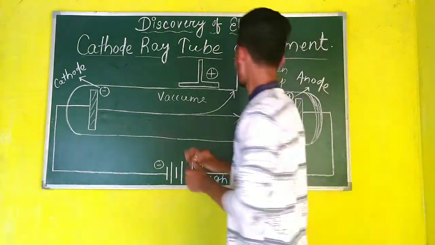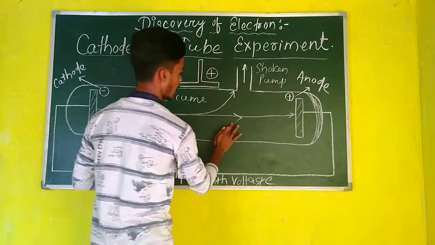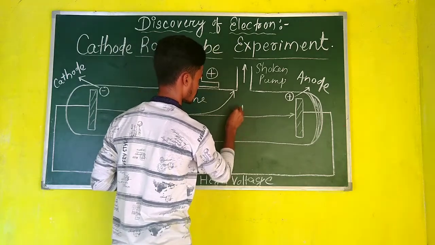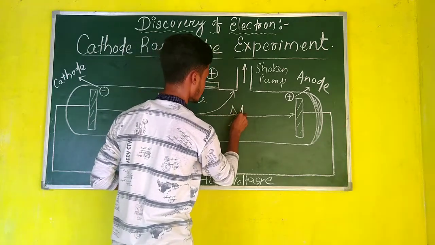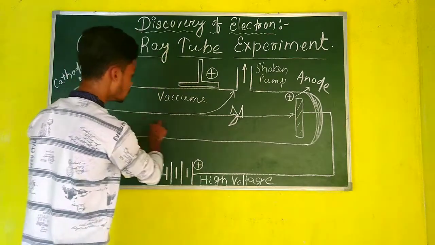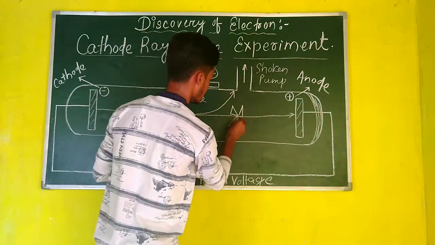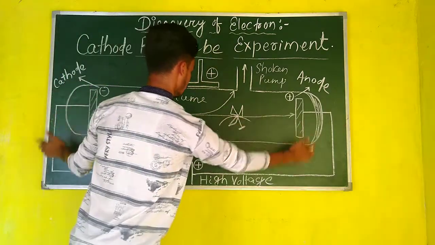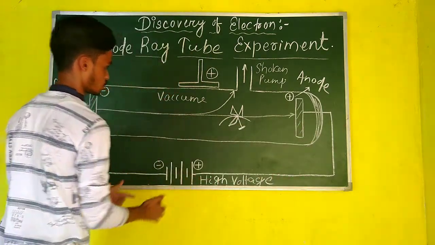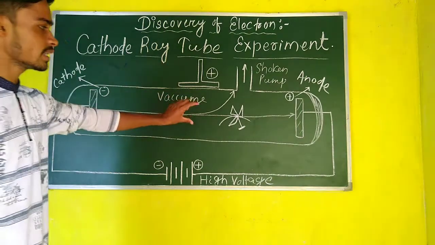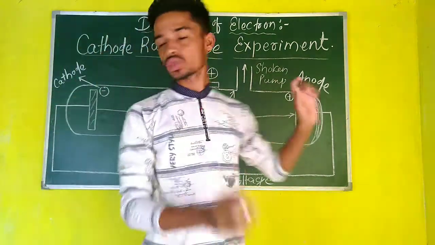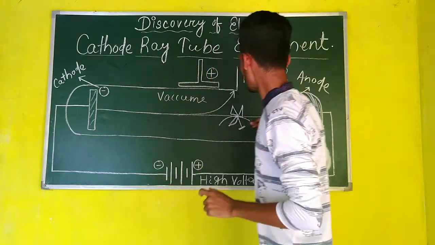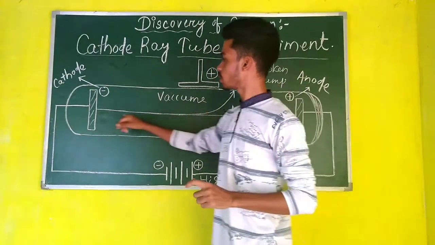So students, J.J. Thomson added a small fan in the beam's path, and the two wires of the fan were connected to the high voltage source. Now, many people think this beam is also a light.